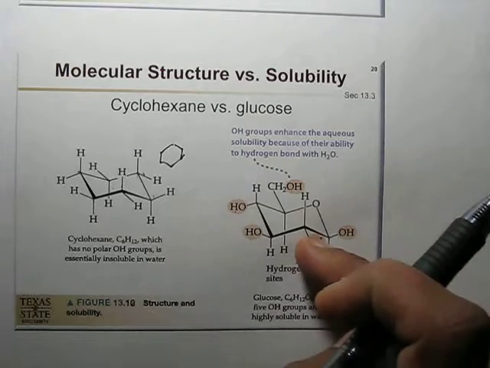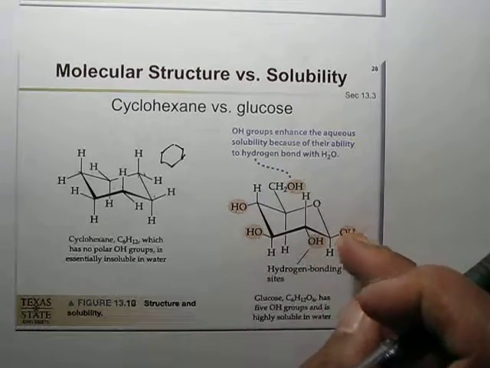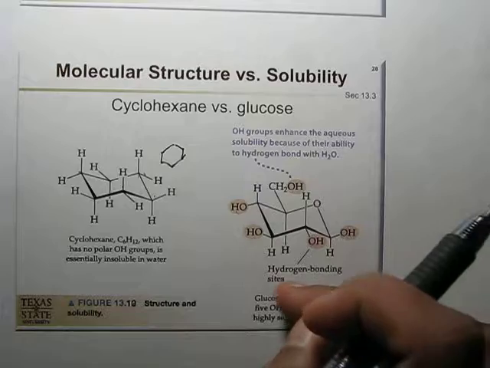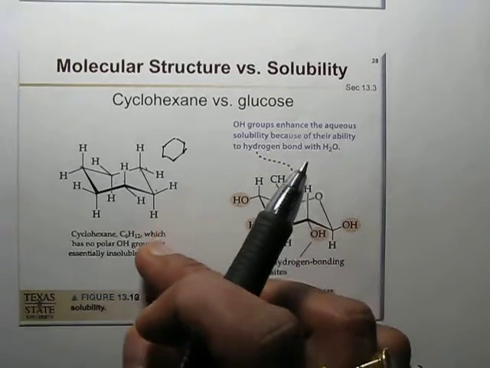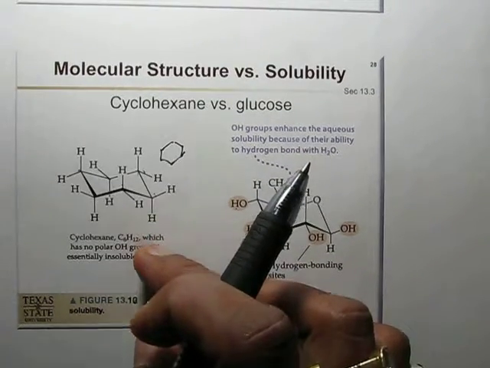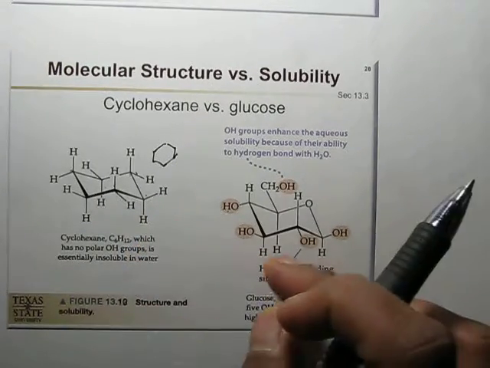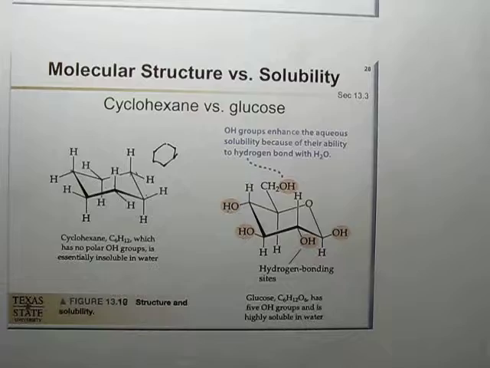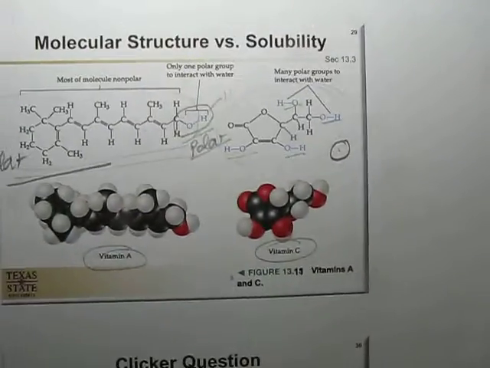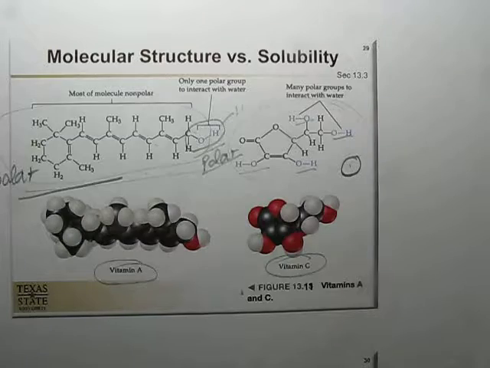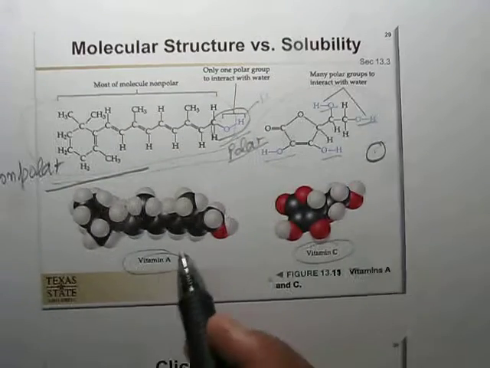This glucose is freely dissolved in water through hydrogen bonding. But cyclohexane cannot dissolve in the water, it will dissolve only in non-polar solvent.